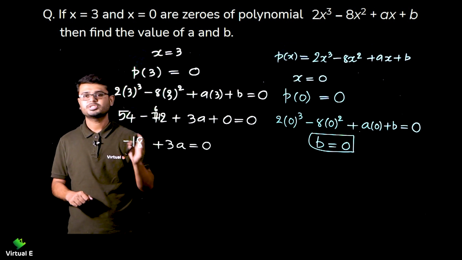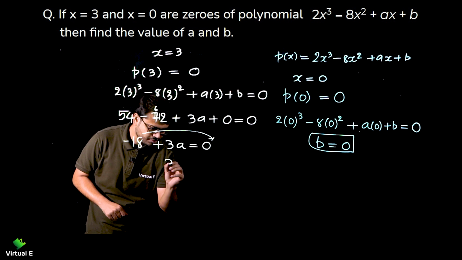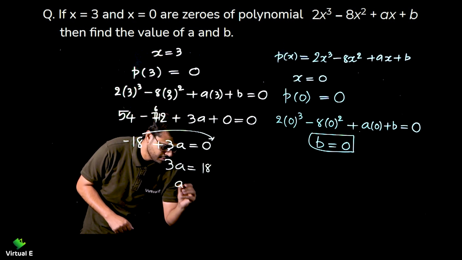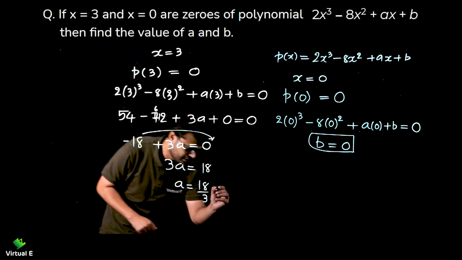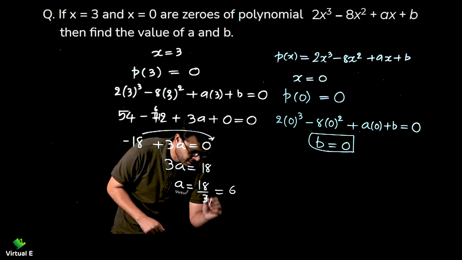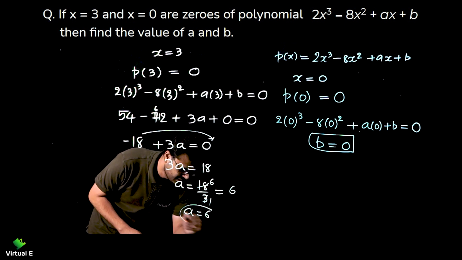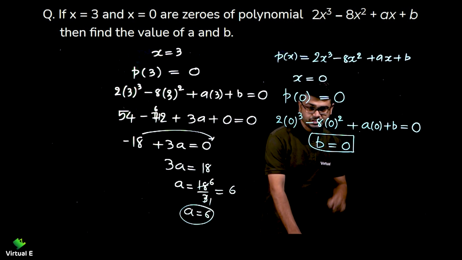So this is a linear equation in one variable now. Let's shift it over there. So 3a is equal to 18. So a is equal to 18 by 3, that is 6. 3 ones are 3, 3 sixes are 18. So the value of a is 6 and the value of b is 0.